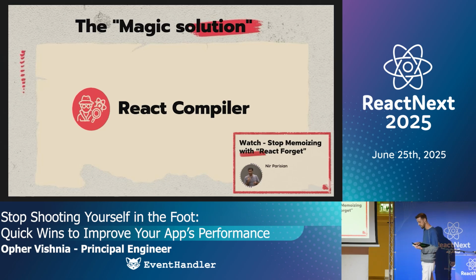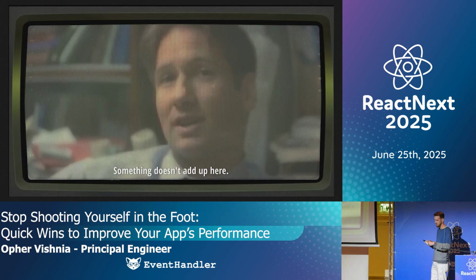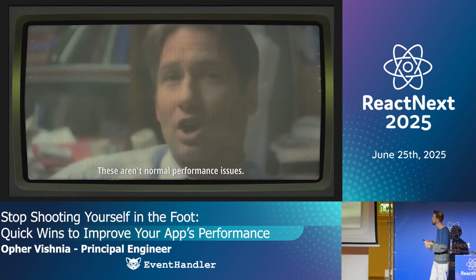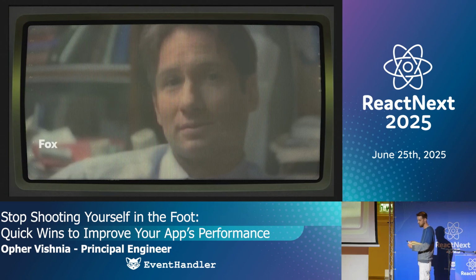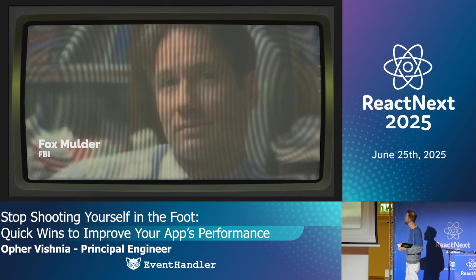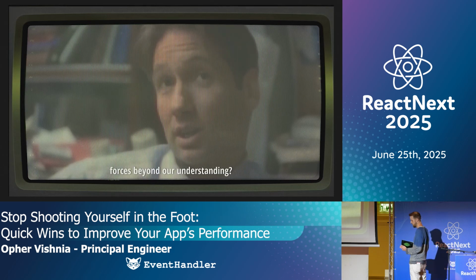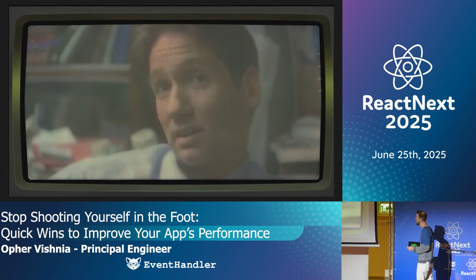The next detective is from the FBI. Something doesn't add up here. These aren't normal performance issues. Okay, what do you think is causing them then? Have you considered external interference? Forces beyond our understanding?